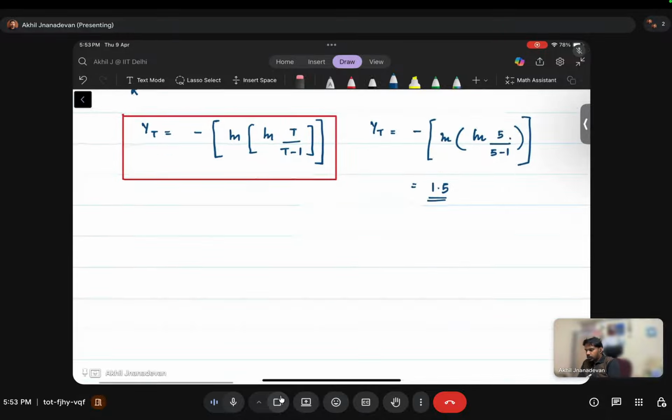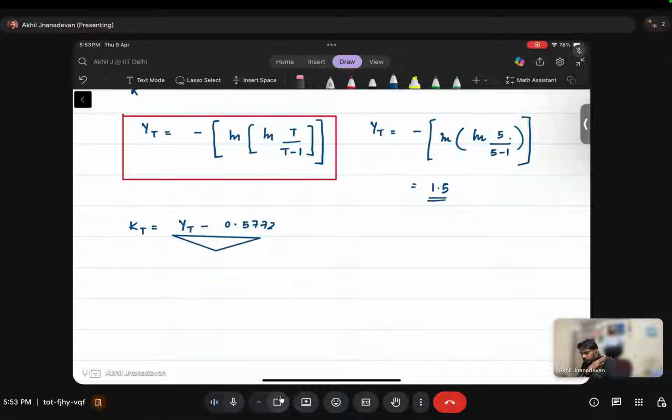There is something called the frequency factor, KT. The frequency factor is related to the reduced variate y as KT equals YT minus 0.5772 divided by 1.28. This we have already seen in the lectures while deriving.